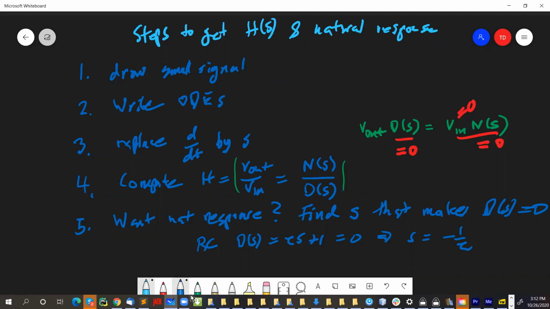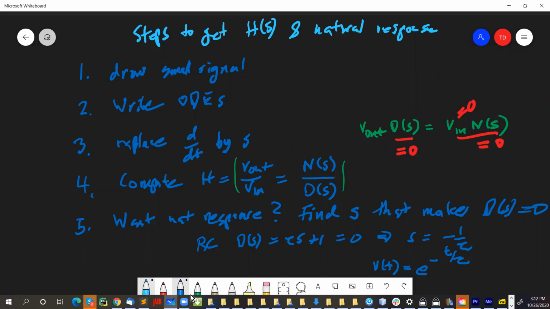So in other words, the natural response of the system is going to be e to the s t, which is e to the minus t over tau. So v of t, that's the natural response. You see how it comes out to be exactly the exponential decay in this case?